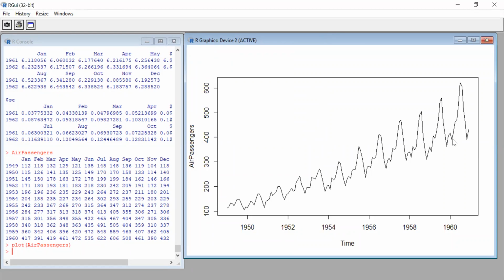It's February and January, and here is December, and it is November again. So I think at the bottom, this one is November. Can you remember when was this one? It's November, December, November, October, September, and August.